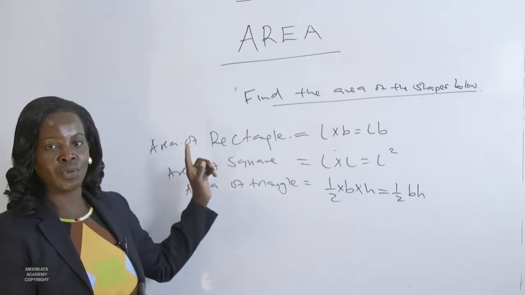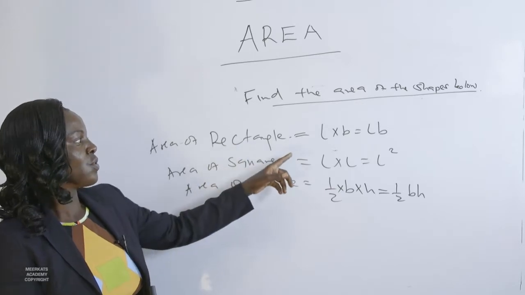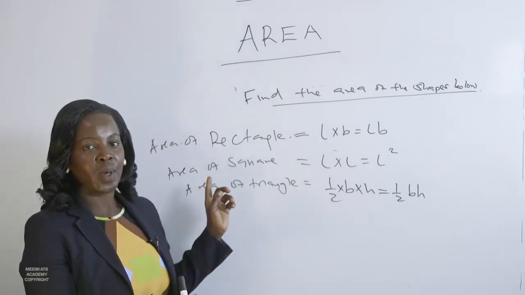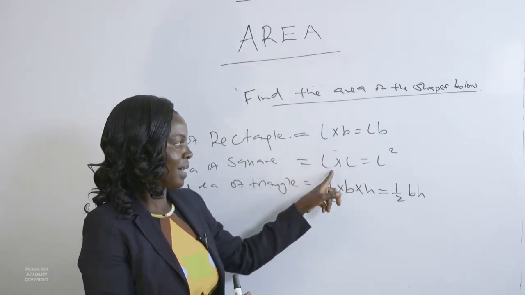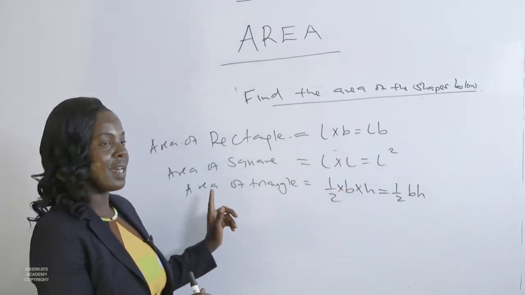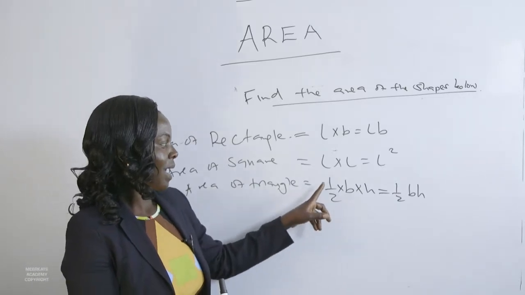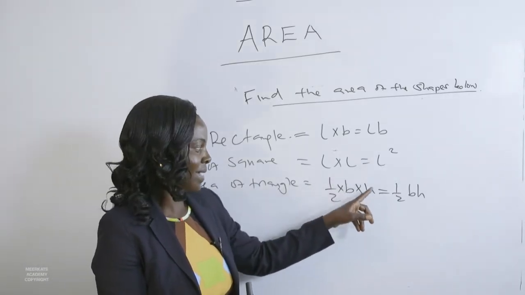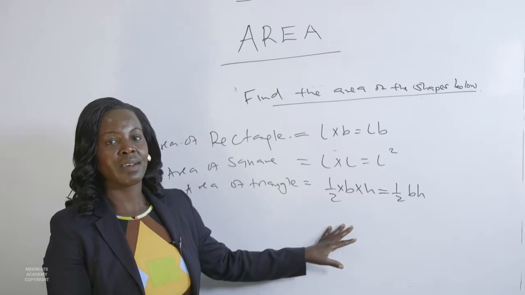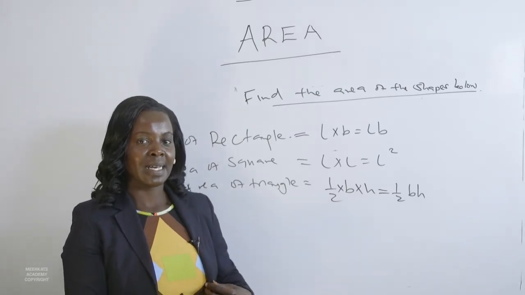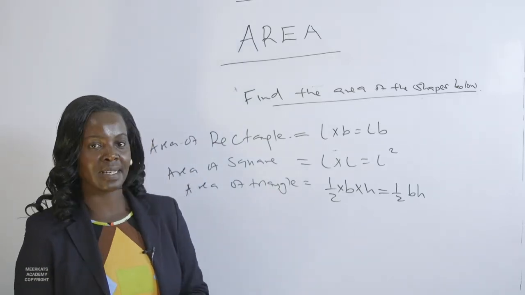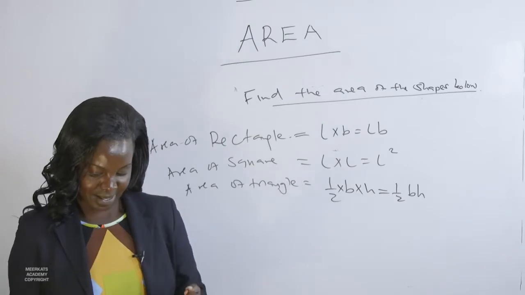For you to be able to calculate the area of a rectangle, you use the formula length times breadth, which will give us LB. For a square, you multiply length by length, which gives us length squared. And for the area of a triangle, we multiply half by base by height, which will give us half base times height. So these are the formulas that we use in calculating the areas of the three figures: rectangle, square, and the triangle.